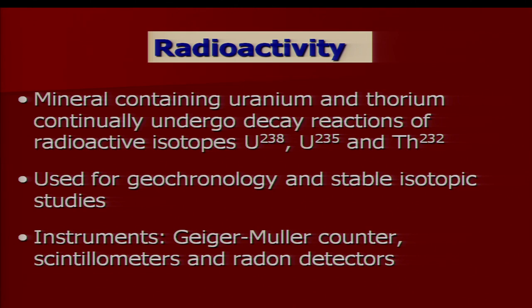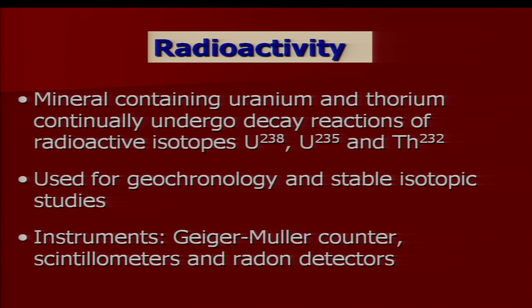The last property is radioactivity. There are certain minerals which emit radiations in the form of alpha, beta and gamma rays. Minerals containing uranium and thorium continuously undergo decay. As a result, they emit radiations, and finally they produce radioactive isotopes such as uranium 238, uranium 235 and thorium 232.